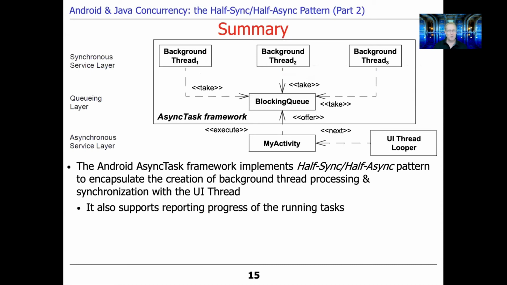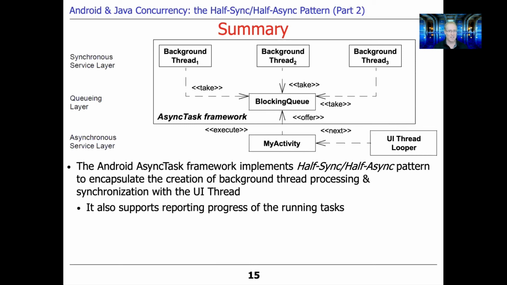So to summarize this particular discussion of the implementation of this pattern, the async task framework implements the half-sync, half-async pattern, and it does this to encapsulate the creation of background thread processing, or the passing of requests to background threads to a pre-spawned pool of threads.